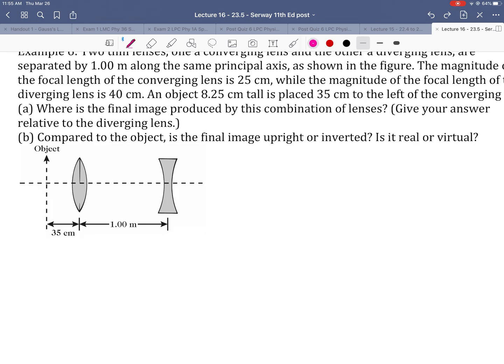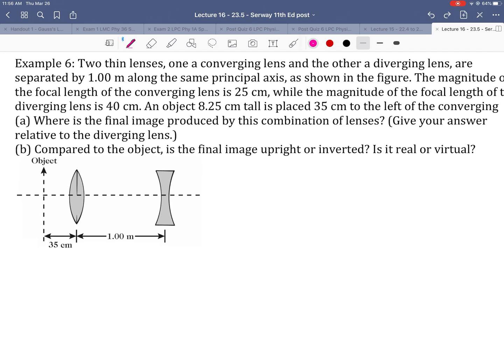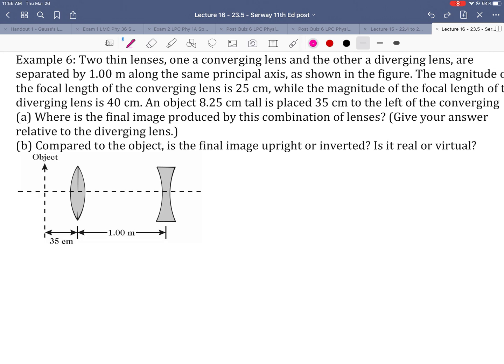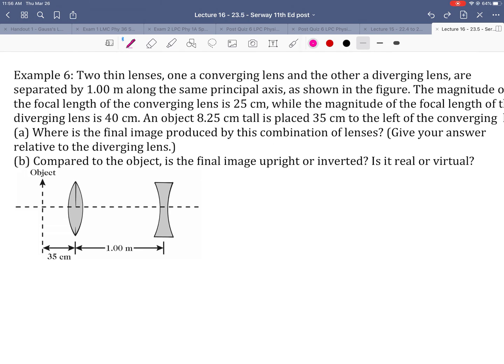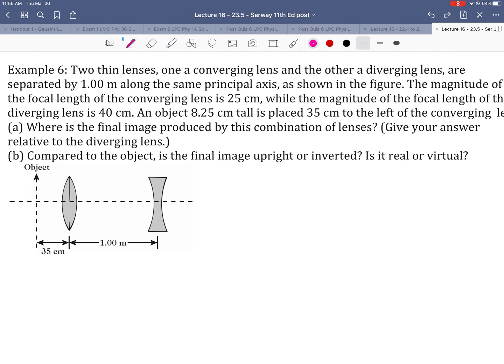All right, so this will be fun. I'm going to draw the object in. We know it's going to be 35 centimeters to the left of the converging lens, so it's going to be right here. I guess it's already shown. Never mind, that's our object. I thought it was another axis, it threw me off, but it's labeled as object. So then what's going to happen? We want to think about what our focal lengths are.